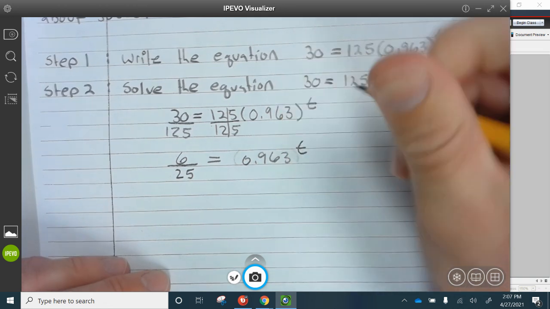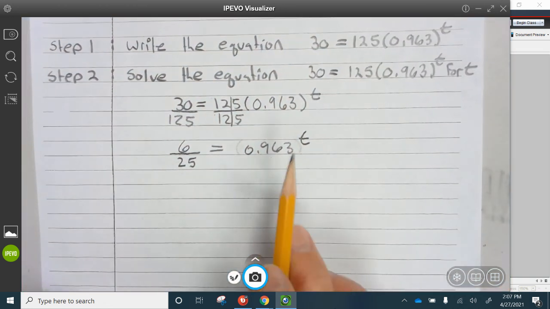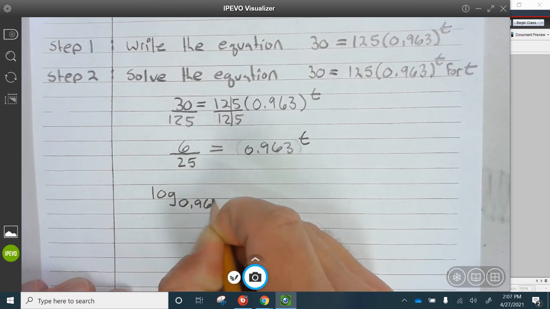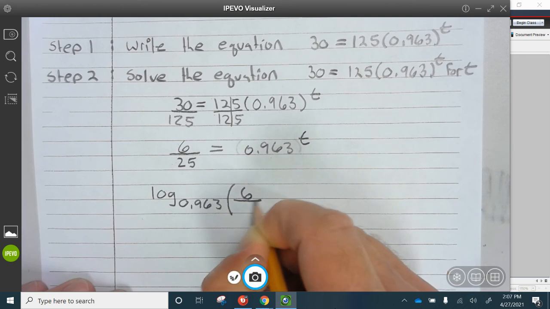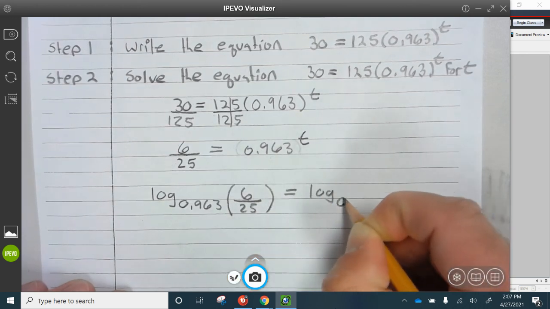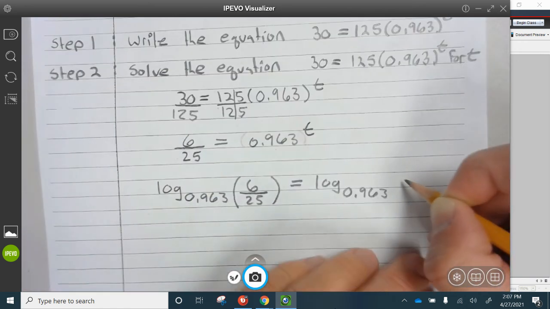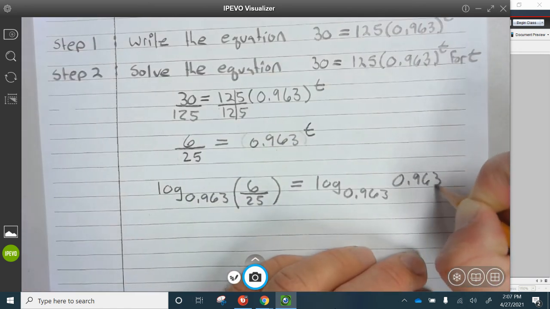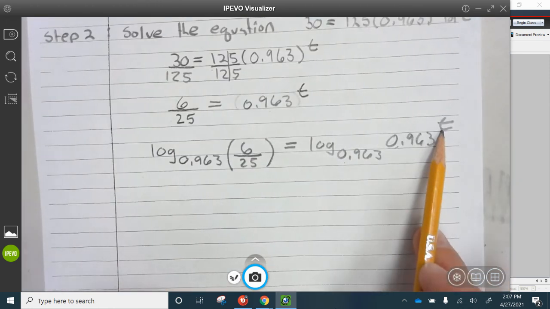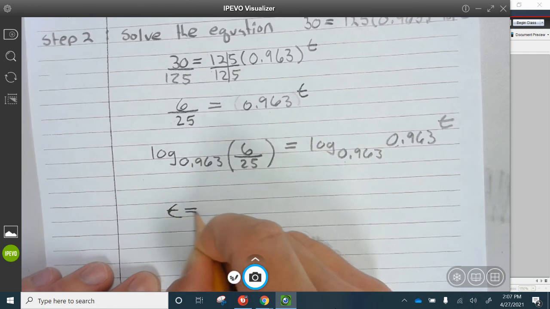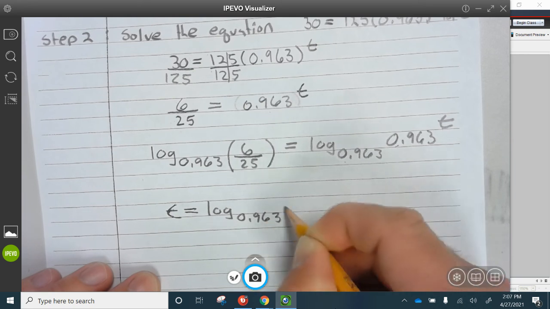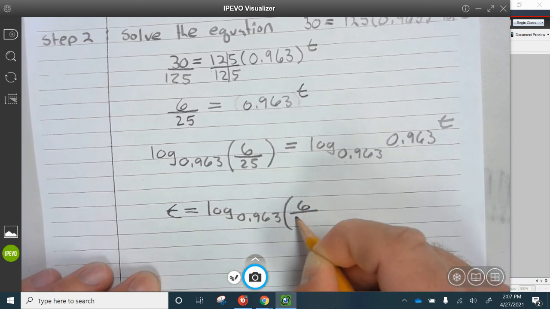So we need to take the log of both sides. So log base 0.963 of 6 divided by 25 equals log base 0.963 of 0.963 to the t. Now we know that that's just going to become 1, left with t equals log base 0.963 of 6 divided by 25.